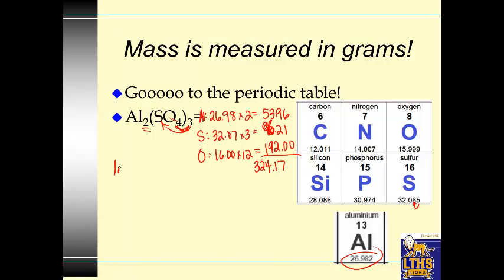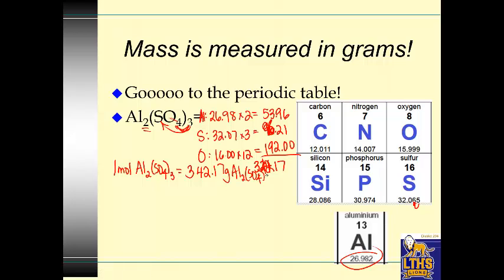So what does this mean? It means that 1 mole of aluminum sulfate would weigh 342.17 grams.